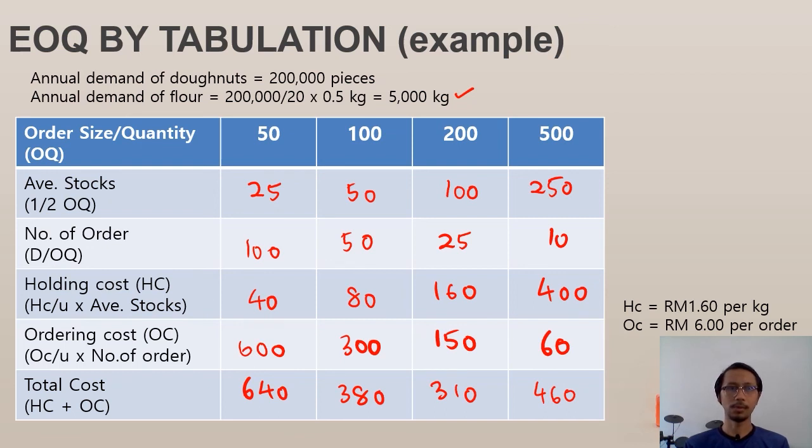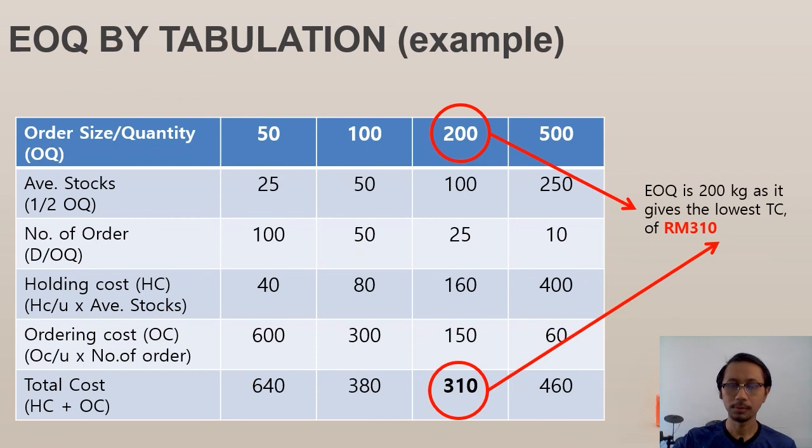Now, you haven't completed your answer yet because you must determine the lowest total cost and choose your economic order quantity. So now, by looking at this slide and comparing the total cost for each of the OQ, you can find that the lowest total cost is 310 ringgit.